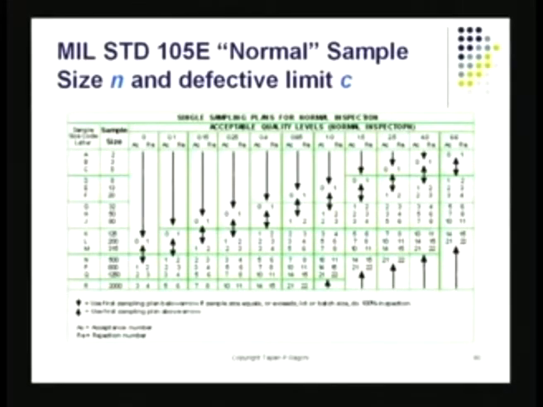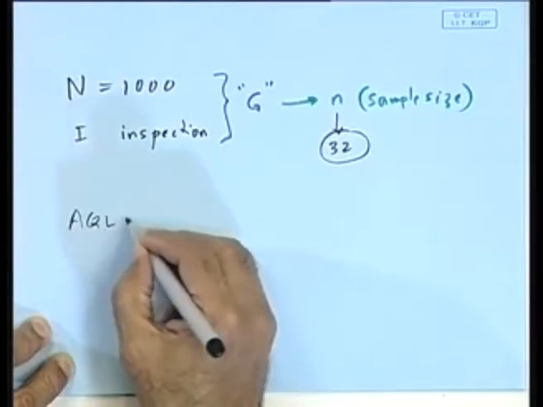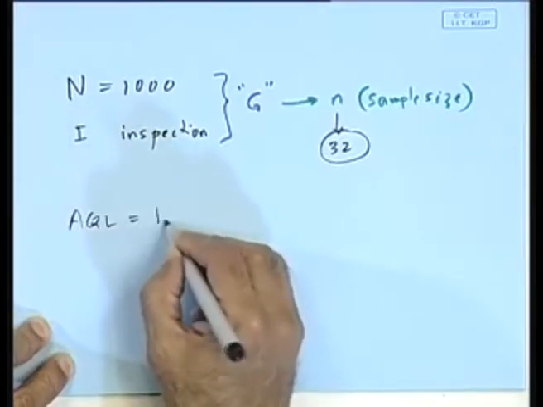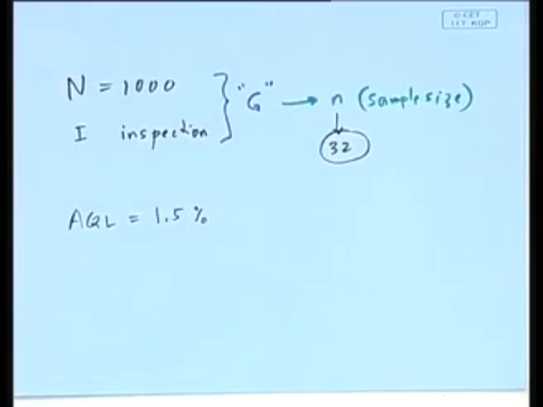Then I ask the question, what about AQL? What AQL are we talking about? Let's take an AQL. I'm going to just pretend that I'm going to be taking an AQL of 1.5%. Let's say this is our requirement.